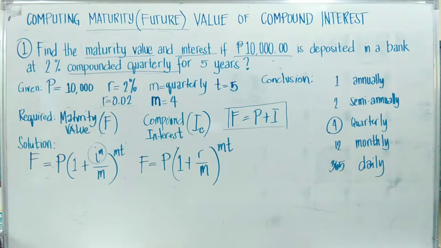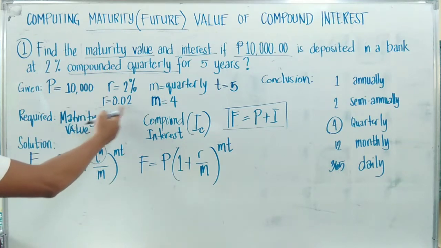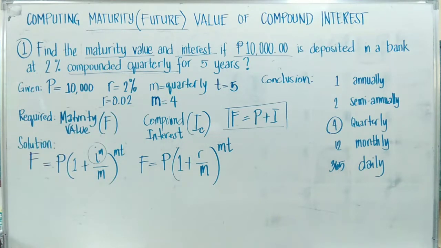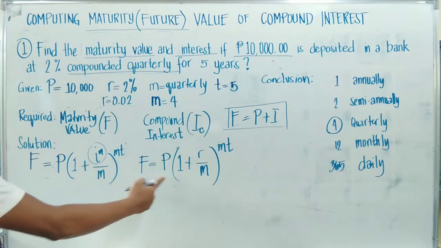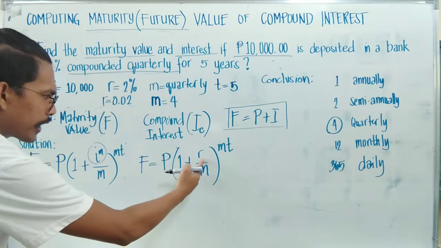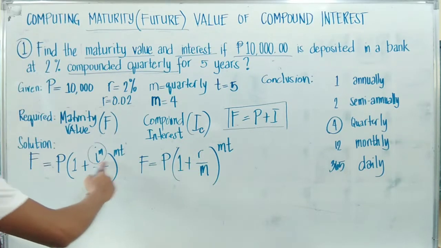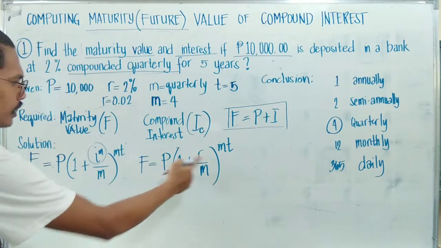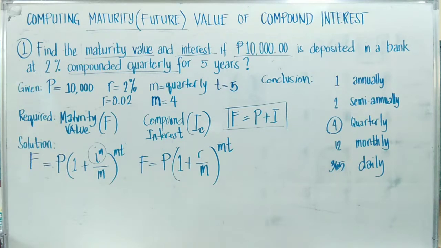From my reference, they are using I raised to m to denote this annual rate, so that's why I am writing here I raised to m over m raised to mt. So it is the same whether you write r there, replacing your I raised to m. It depends on you as long as you understand the concept behind.